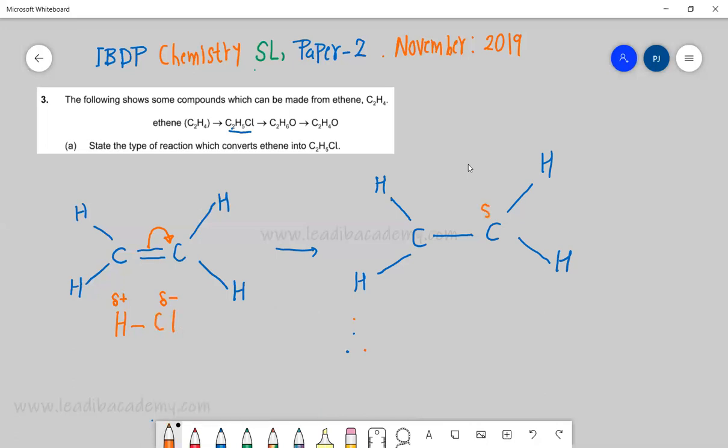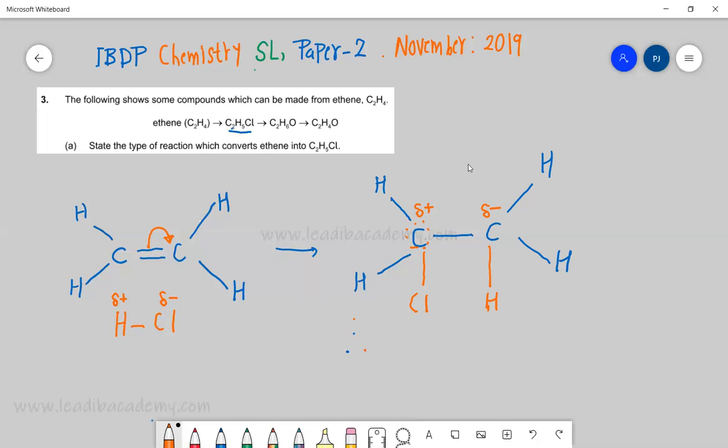It will develop a minus charge. This carbon has lost the pi electrons, so it will have a delta plus. And now you have smartly understood what is going to happen: Cl minus is going to come and get attached, and here H plus will come, and we will get this compound.